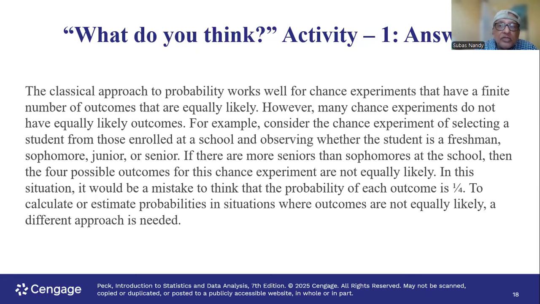That goes in the denominator. Then if we want to find the probability of a senior student, we'll take the number of senior students in the numerator, the small number, divided by the total number of students, the large number. That will give us the probability of selecting a senior from that college.